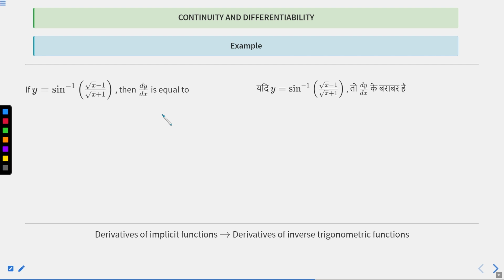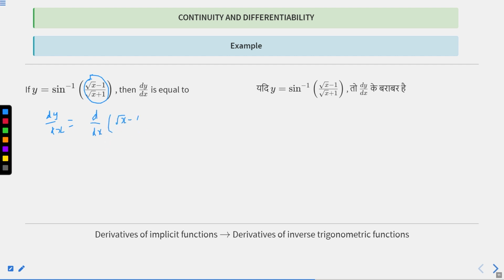The same thing I will do: first of all I have to find the derivative of the inside function, d over dx of this thing.